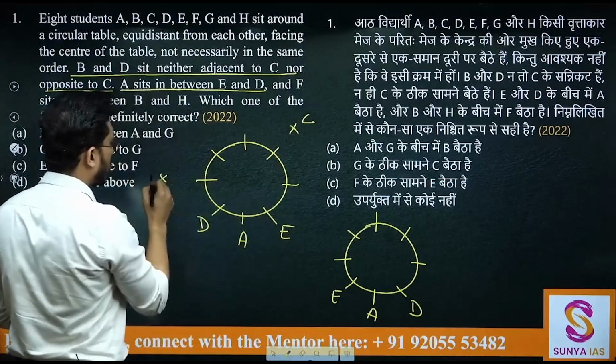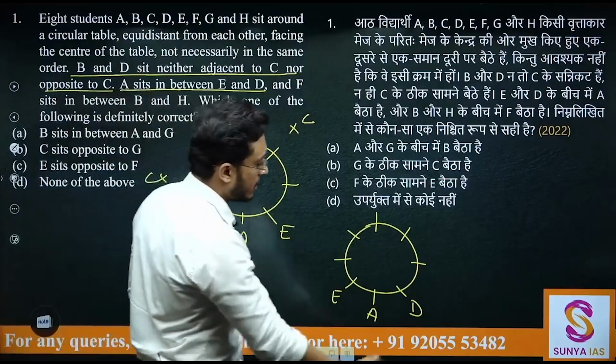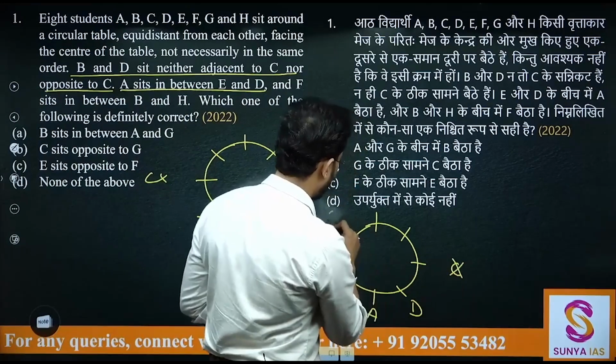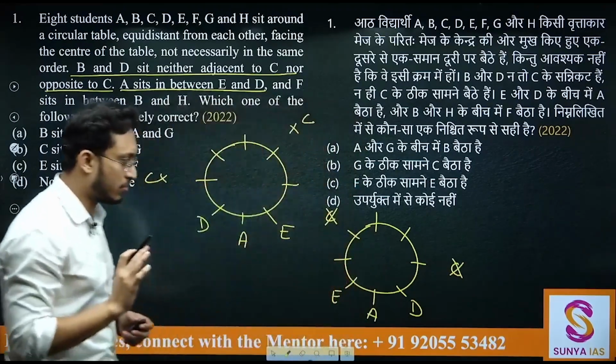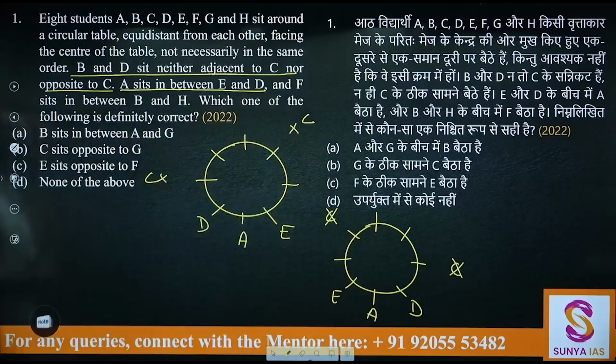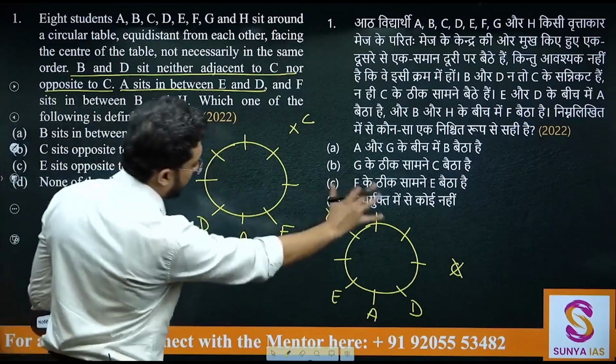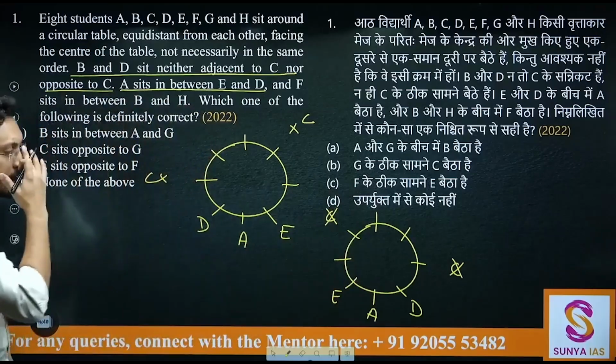In this case, यहाँ पर C is not here. इस बात का ध्यान रखना पड़ेगा हमको. Also, F sits between B and H. Here we will have to now make various cases satisfying this criteria.